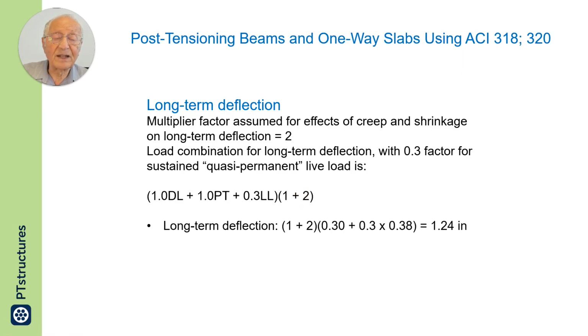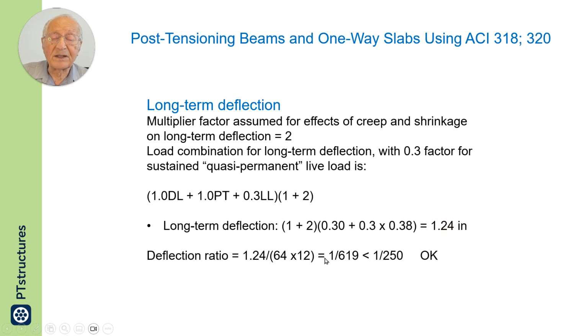I enter the values in this formula and come up with a deflection of 1.24, compare it with the span length, and I see it is 1 over 619. That is the live load deflection.